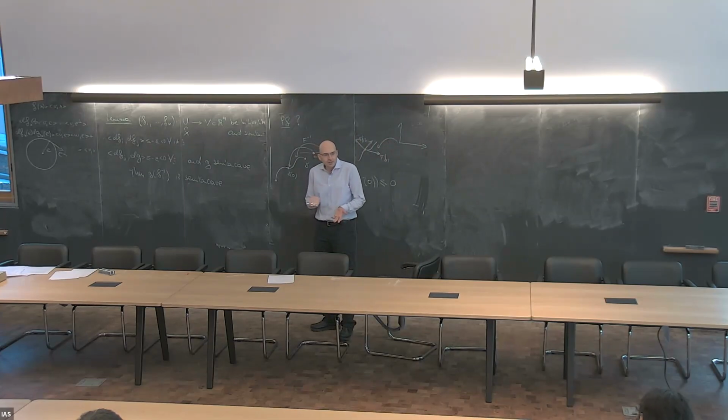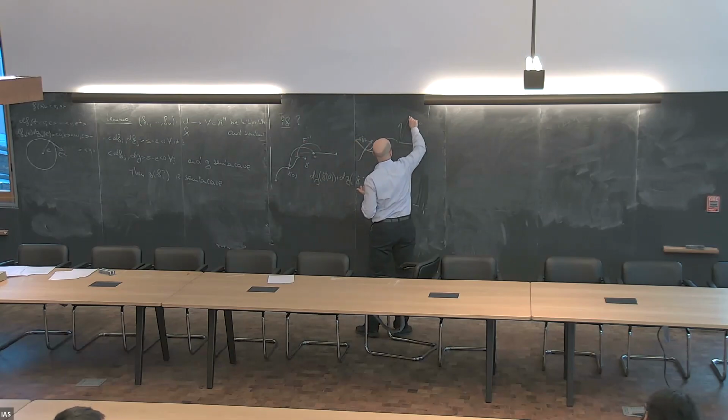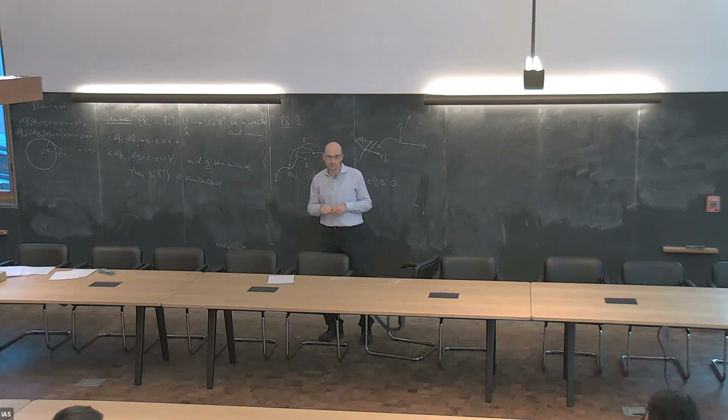But if the segment is in some direction which is not E1 or E2, and it's going this way, then I don't see how this picture can possibly be correct. And I don't know how to conclude the proof that he's proposing.